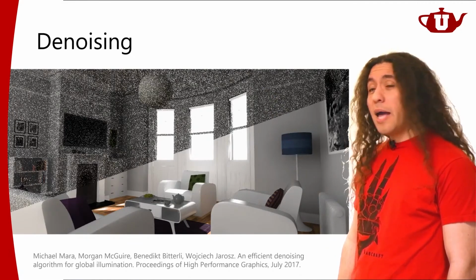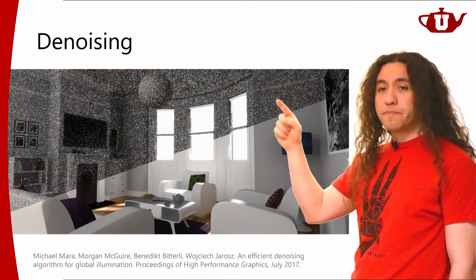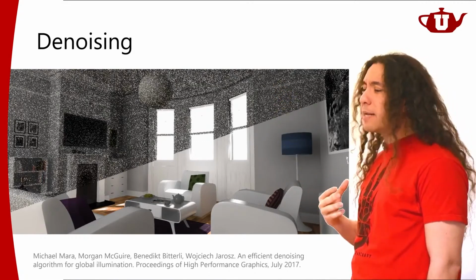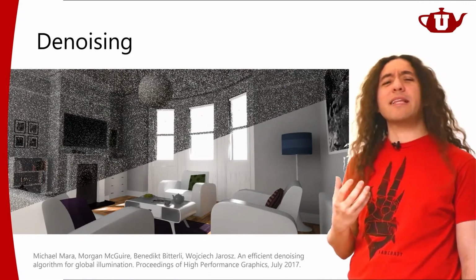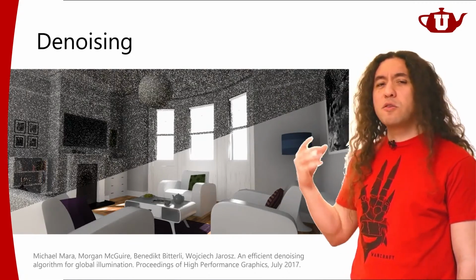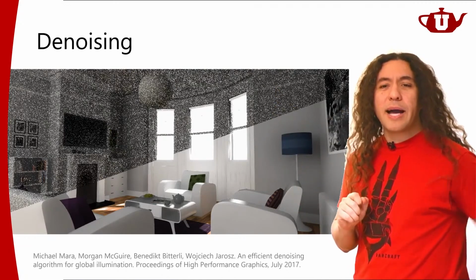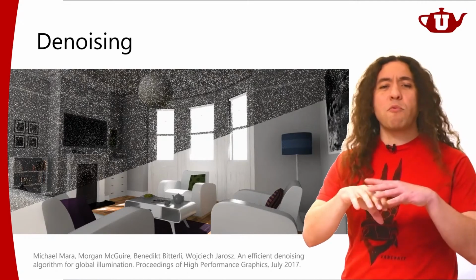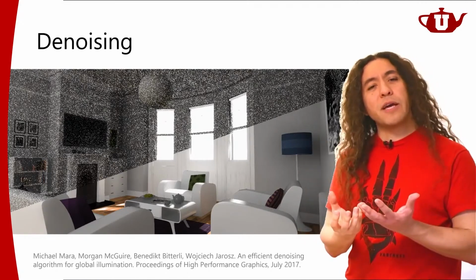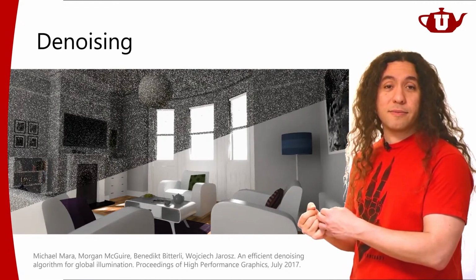So I can look at neighboring points in the scene, and I can assume that they're probably getting the same indirect illumination. So instead of just using the indirect illumination I computed for that pixel only, I can take a sort of weighted average of the indirect illumination I computed for the neighboring pixels as well.